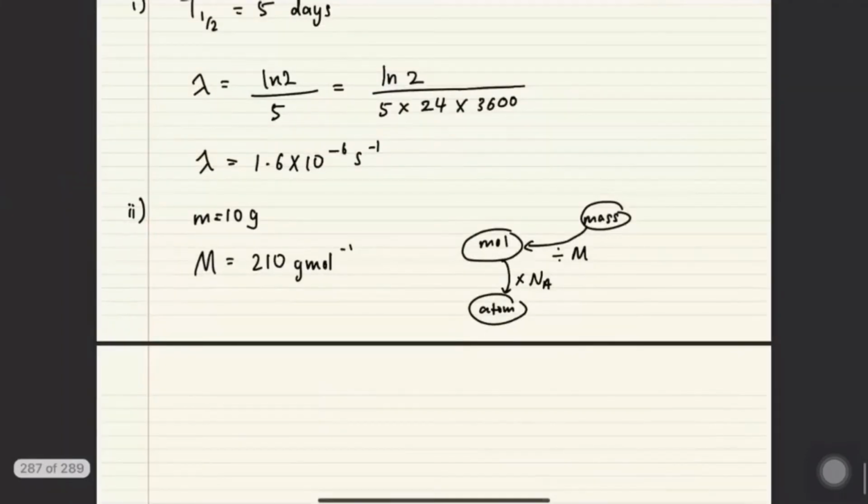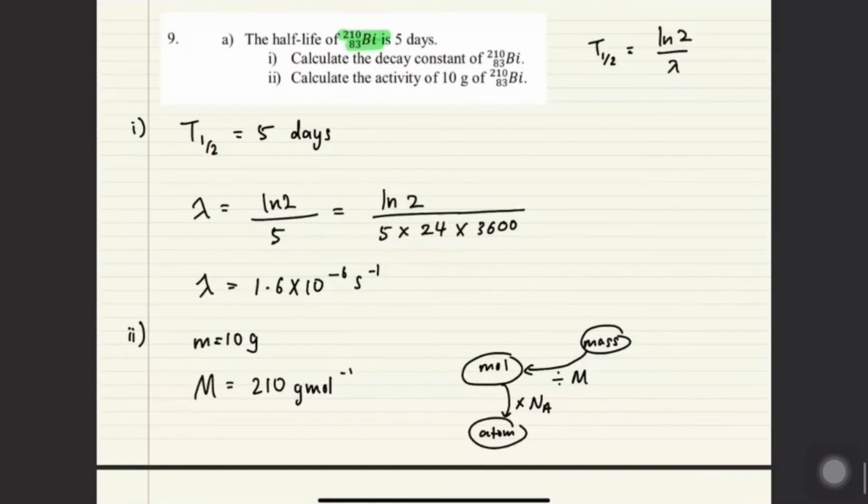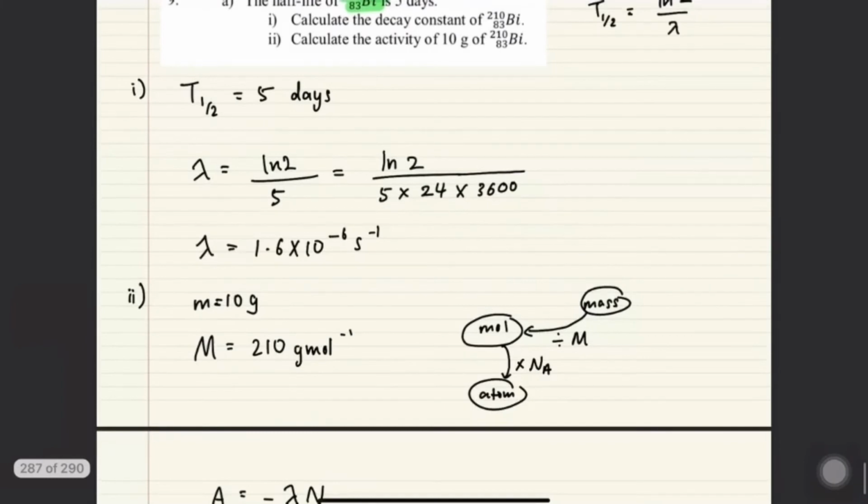So, now you can calculate the numbers of nuclei. So, soalnya nak activity. So, first you have to calculate N. And once you got the N, you can substitute back inside this equation. A sama dengan negatif lambda N. Kita nak cari N tu dulu lah. Okay.